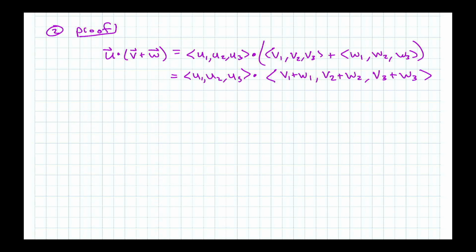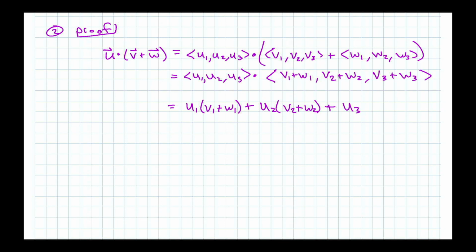Then you do your dot product. So you're going to multiply first components together. So you end up with u1 times (v1 plus w1) plus u2 times (v2 plus w2) plus u3 times (v3 plus w3), like that.